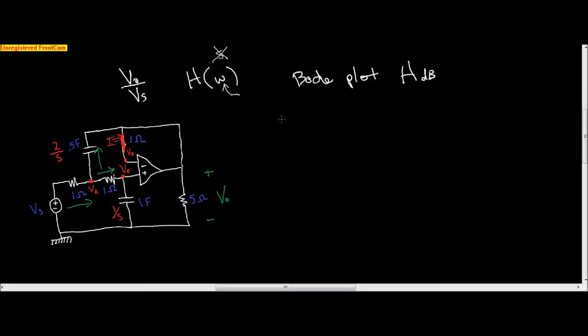I've got (Vs minus Va) over 1 is going to equal (Va minus Vo) divided by 2 over s.